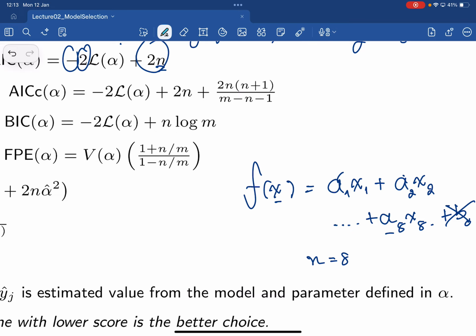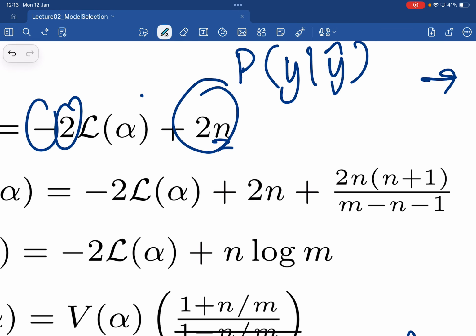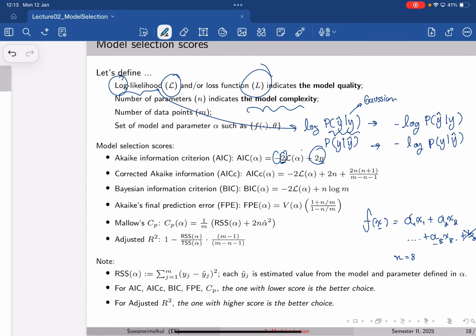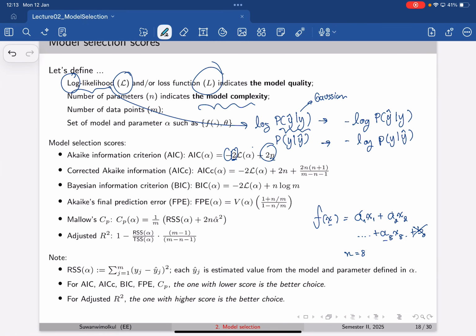And the fact that they scale by 2 is to compensate for the fact that they scale the loss by 2 up in the front. That's it. And actually, all of the loss functions have this kind of formulation. Don't worry, we will highlight them in time.